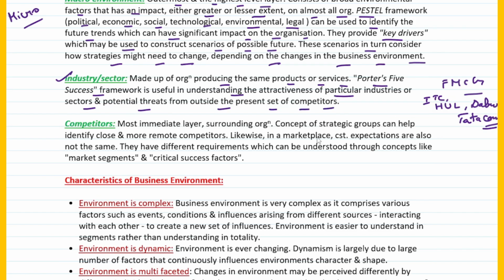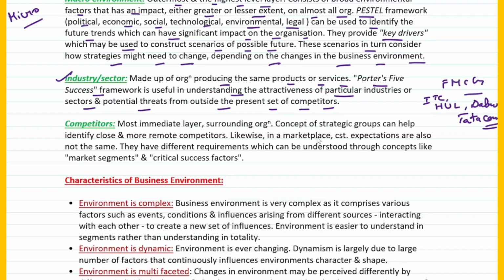So it helps you understand the various opportunities and threats: how attractive a particular industry is, and what threats it carries from outside the present set of competitors. So it's not only the competitors from which it has a threat, even the threat that they carry from outside the sector, right?